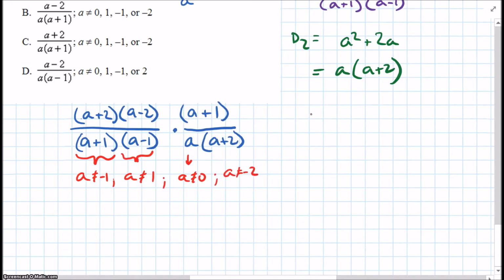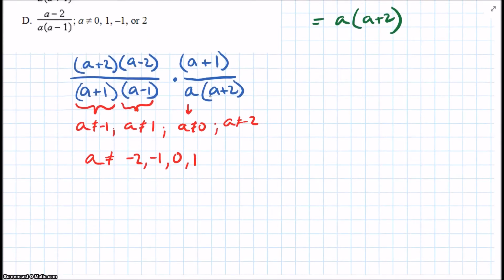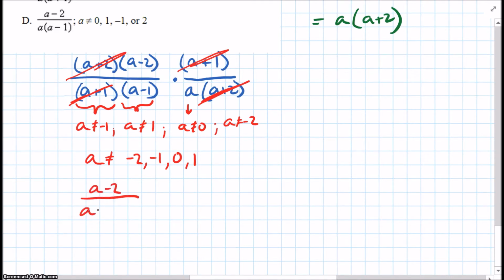So we have a lot of restrictions. I'm going to relist them all. a cannot equal negative 2, negative 1, 0, or 1. Can I simplify? Yeah, I can factor out a plus 2, and I can factor out a plus 1. So my answer is going to be simplified as a minus 2 over a times a minus 1, with the restrictions listed above.